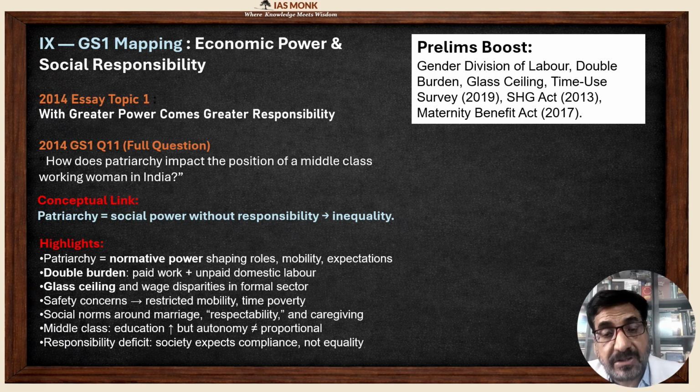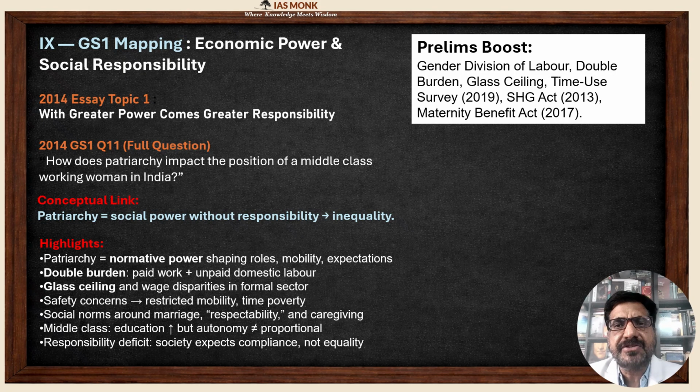This GS paper 1 question directly reflects the essay's theme, that is, power must be exercised with responsibility. Patriarchy in India operates as a deep social power structure that shapes norms, expectations, and opportunities.